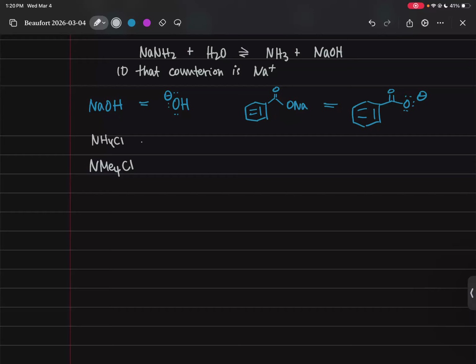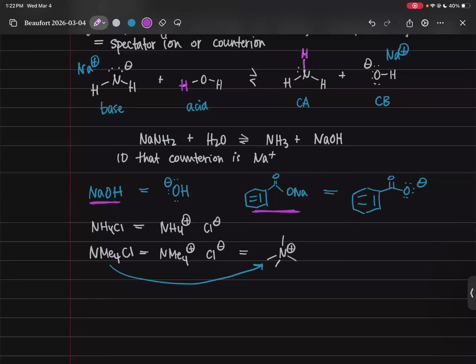It could be sodium, it could be potassium, it could be lithium, rubidium if you really want. But it's important that you can see these cations and note that they aren't really important for the chemical reaction. They're just spectator ions.